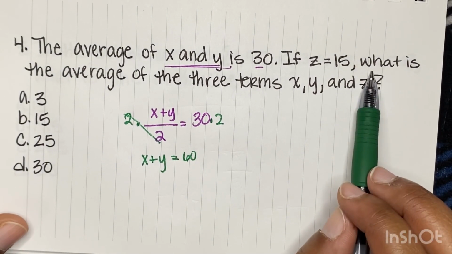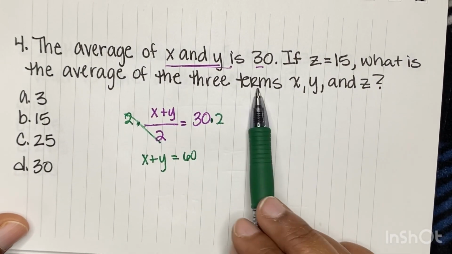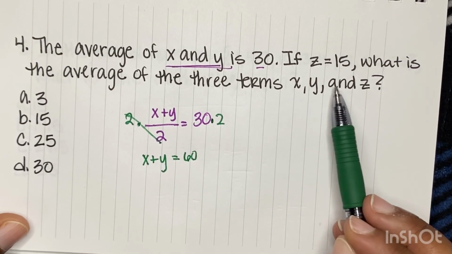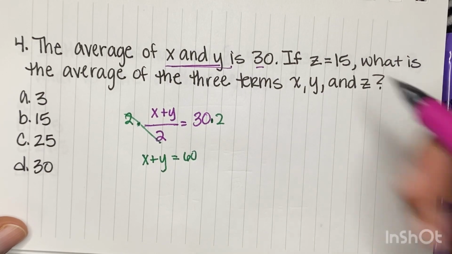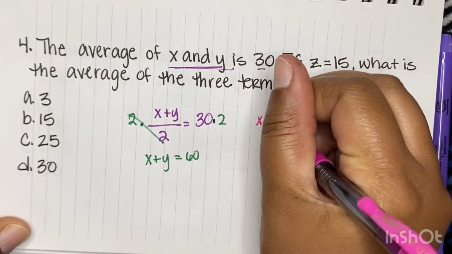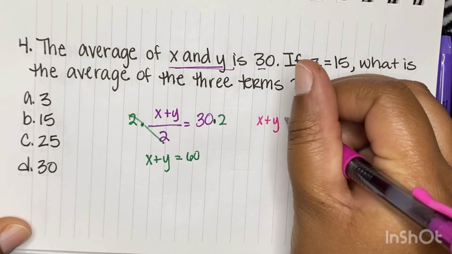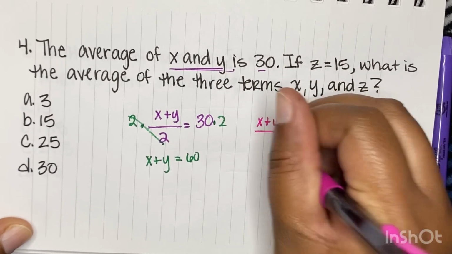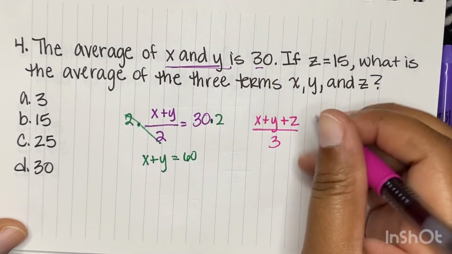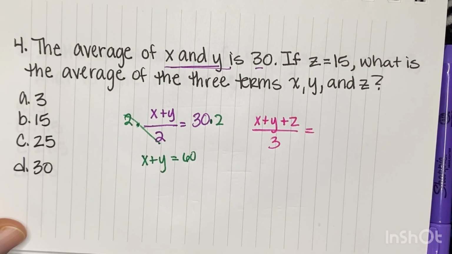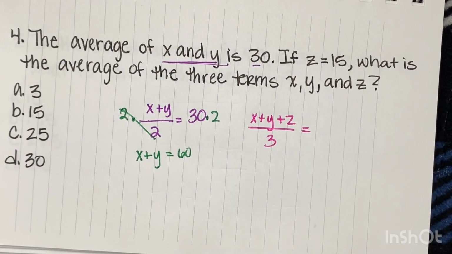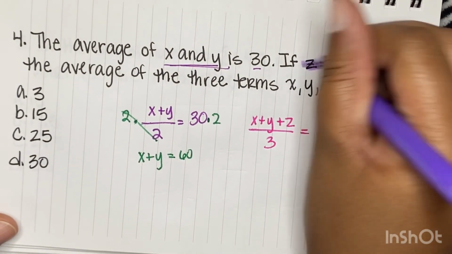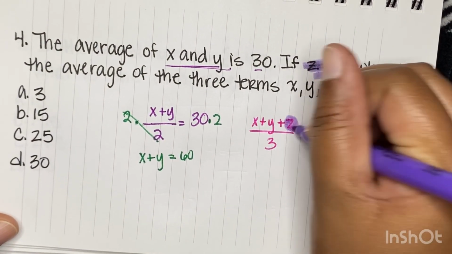So now it's asking me, what is the average of the three terms x, y, and z? So if I'm setting up this average, I would do x plus y plus z. I'm going to divide it by 3. And I'm trying to figure out what is the average. Well, they gave me some good information. They said that z is 15.